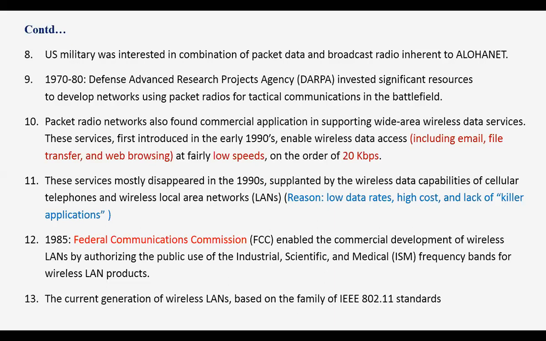Because of that, the FCC designed or authorized some bands of frequencies. Current generation wireless LANs are based mainly on the 802.11 standard. We'll come to that later: why that standard is required, what the meaning of that standard is, where IEEE comes into the picture, and how standards are very important for wireless communication.